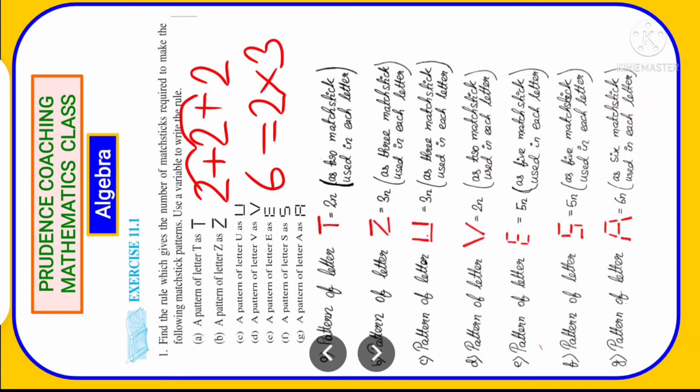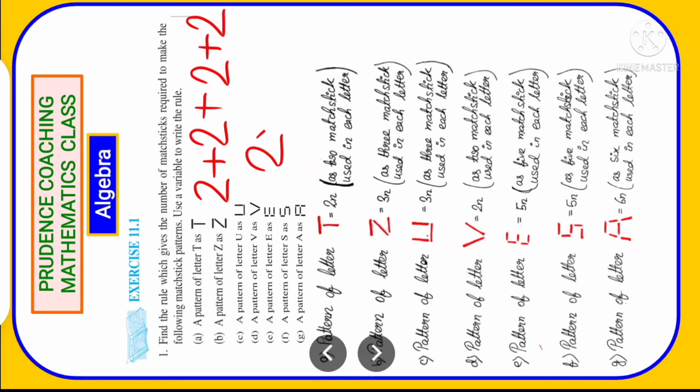Yes, this is what I wanted to know. Now if I add 2 four times, then you will get 2 into 4, that is 8. If you add, you will get 8, and if you multiply 2 with 4, you will get 8. Similarly, if you add five 2's, then you will get 5 into 2 or 2 into 5, 10. So this will help you to understand this particular problem.